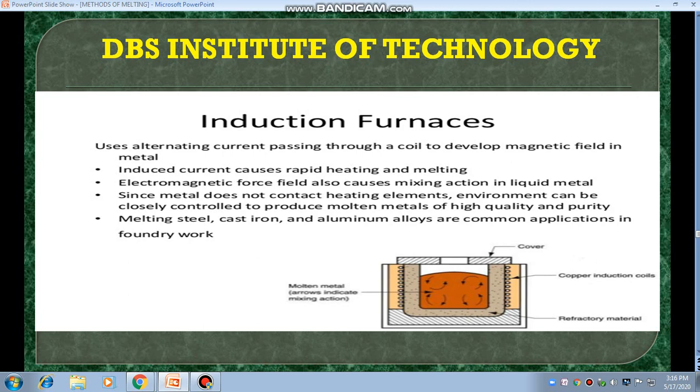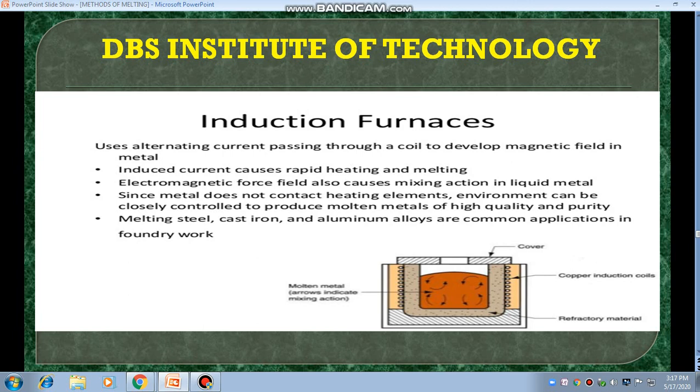Electromagnetic force field also causes a mixing action in the liquid metal. Because the metal doesn't contact heating elements, we can have a good environment that can be closely controlled to produce molten metals of high quality and purity.